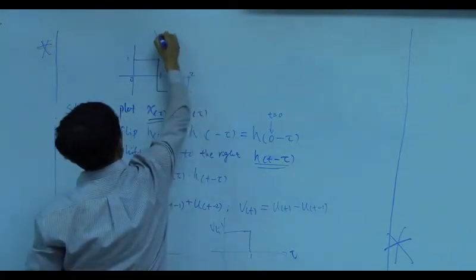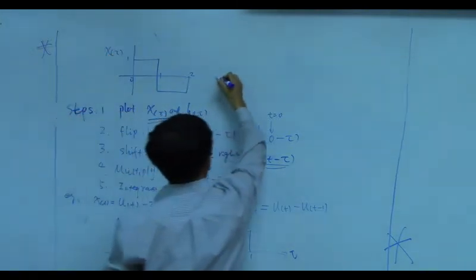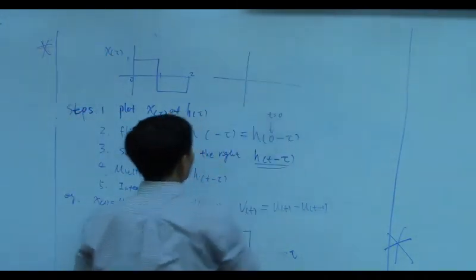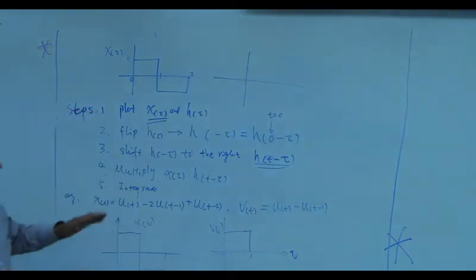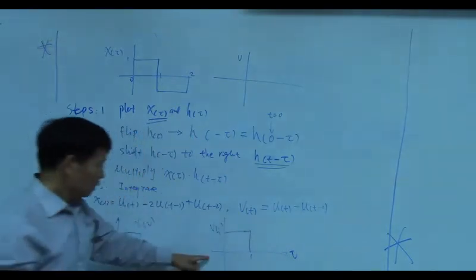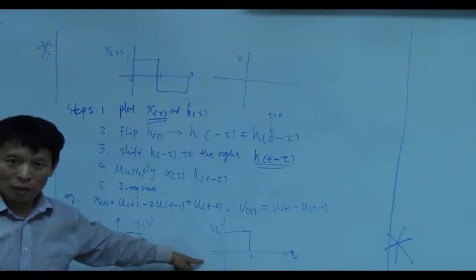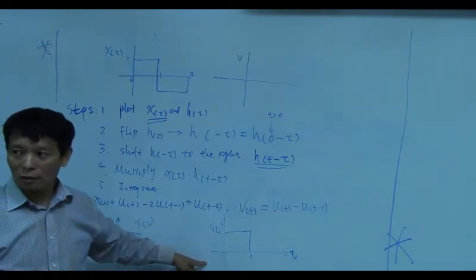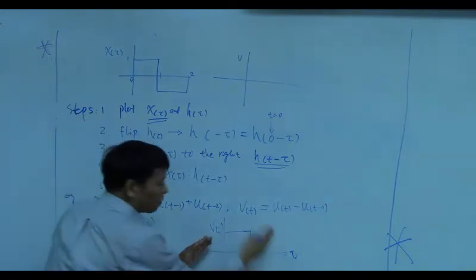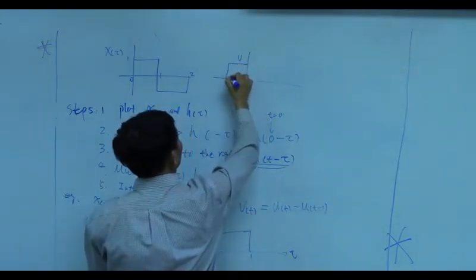So this is x(tau), and v(tau) is like this. What we want is v(negative tau), right? Can you draw v(negative tau)? Just this one flip to the side, right? So it will look like this.